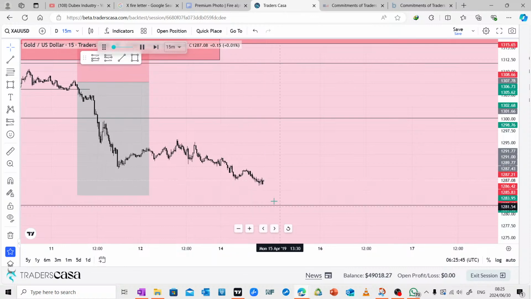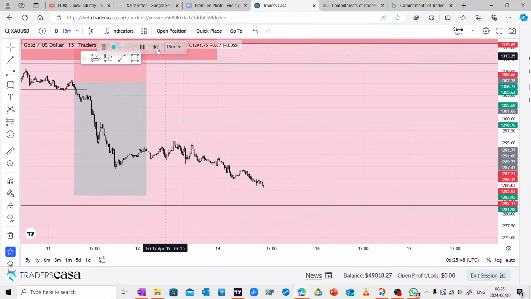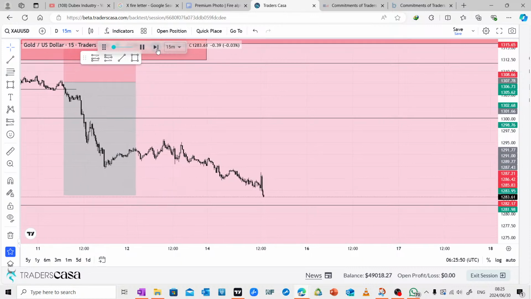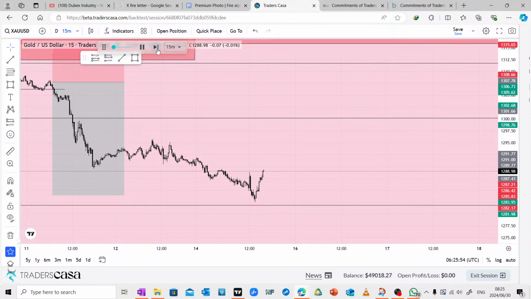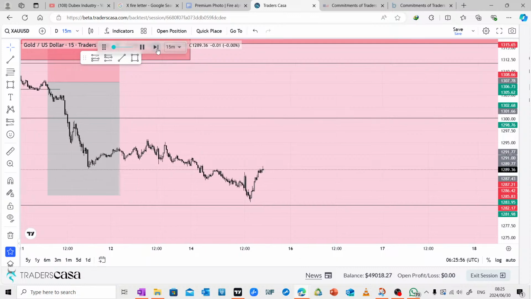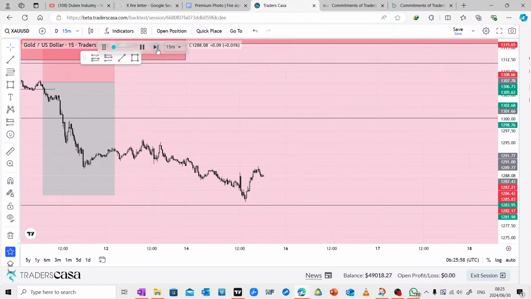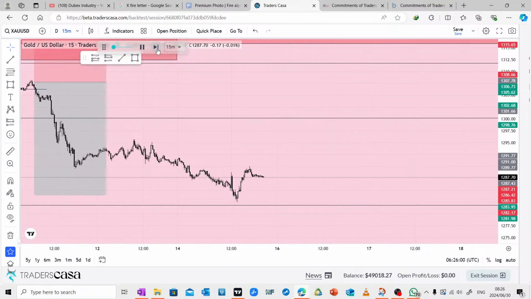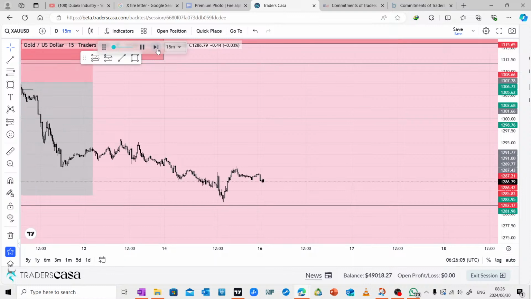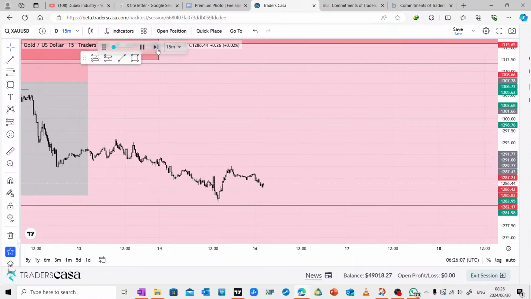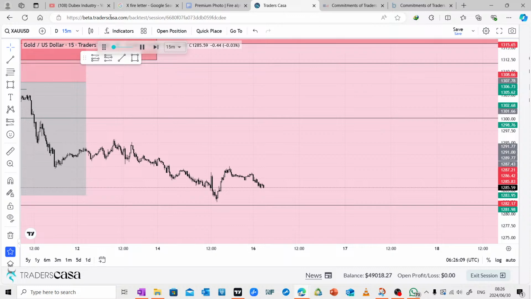I wanna see the market running into this weekly low. Okay, that's the first change in character. A retracement, and then we go long again. Alright.